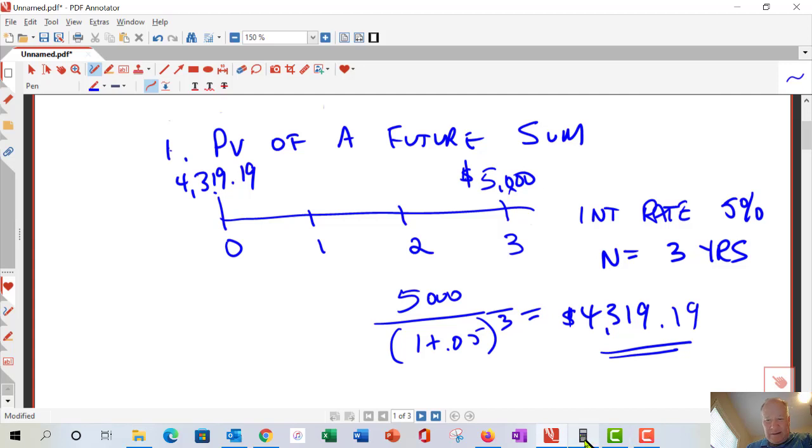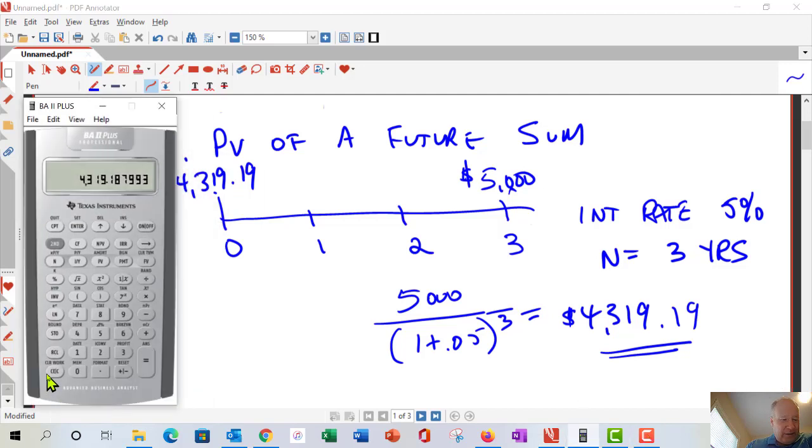Let's do it on the calculator, just to go through the steps with the time value of money. So first step, let's clear everything. Second, clear our time value of money. That's always our first step when we're doing these. So we have a future value of $5,000. That's the value in the future, and that is 3 years from now. So 3 is n, and I have an interest rate of 5%.